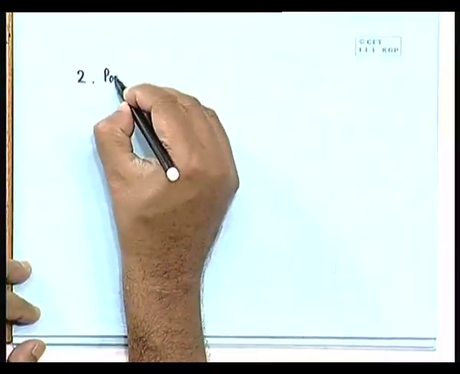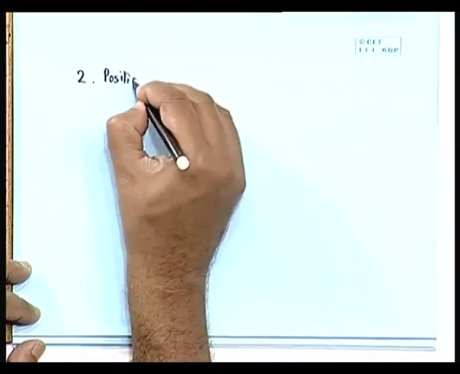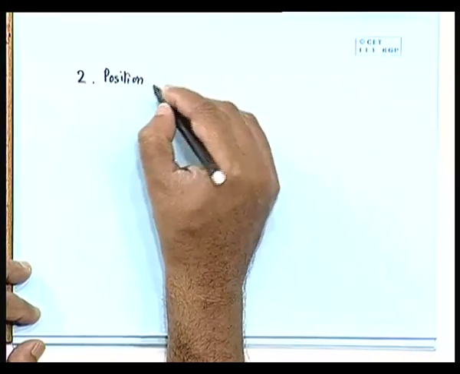And next, what is involved is the positions of the centers, because that is also done in a supervised manner. So, let us see how the positions of the centers are organized.